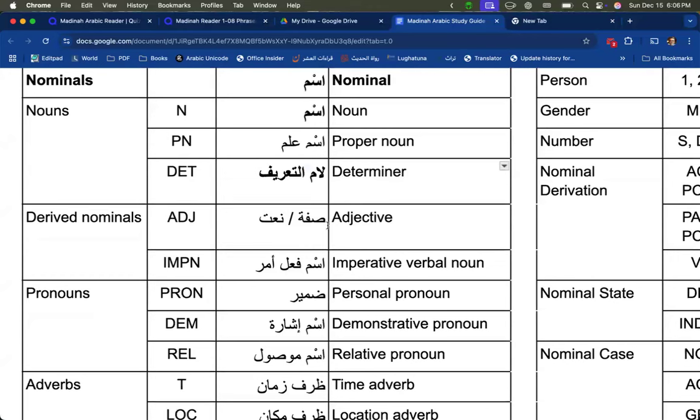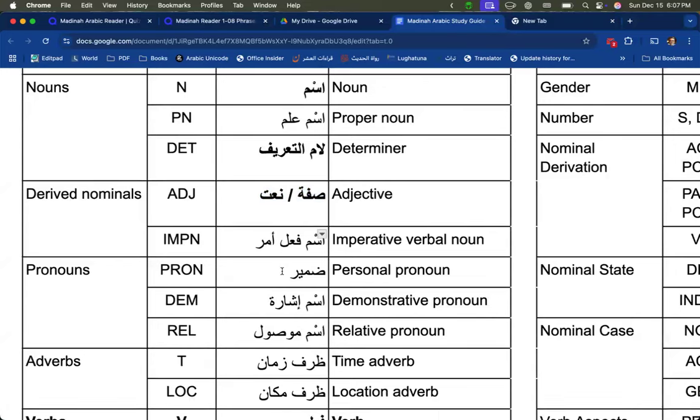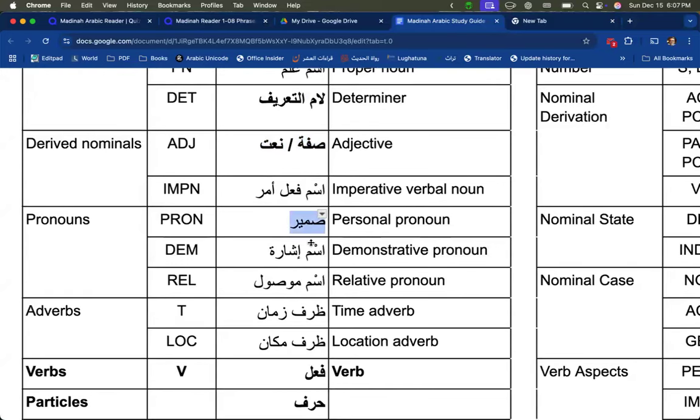Then, have you learned of a sifa or a na't? Yes, you have. It's an adjective. So these are called the derived nominals. We haven't learned this, so we're just gonna move on. Damir. Do you know damir? Yes, you do.